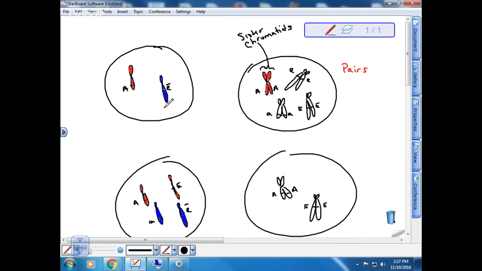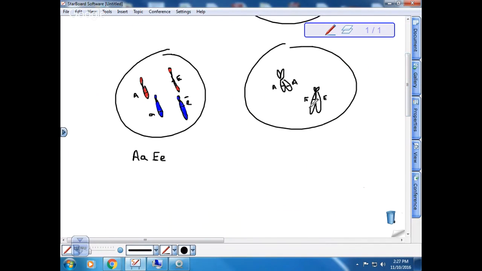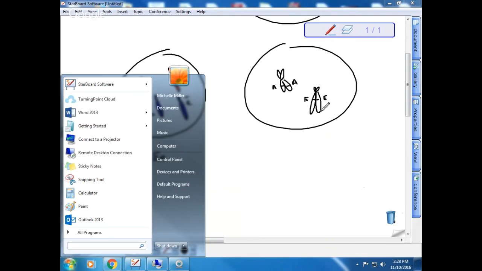Okay, so this one is actually a little bit harder question. These chromosomes are replicated, are there homologous pairs of replicated chromosomes? I'll go with yes.